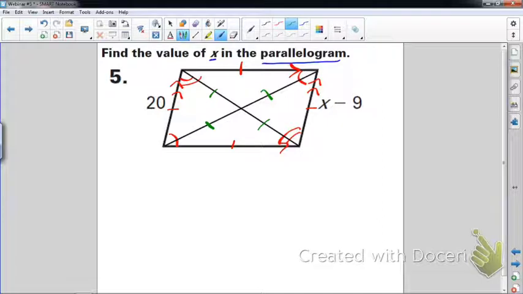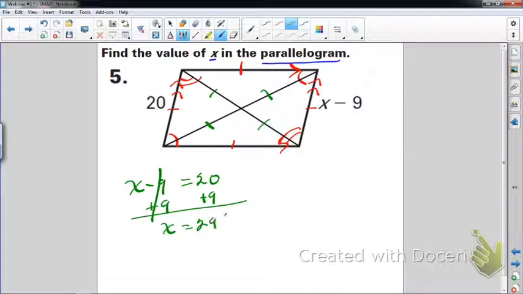So if you look at what we have, the line segment on the left is going to be congruent to the line segment on the right. So we are basically just going to set them equal to each other. We have x minus 9 is equal to 20. Okay? And then you use the addition property of equality, which simplifies to 0, and we're left with x is equal to 29.